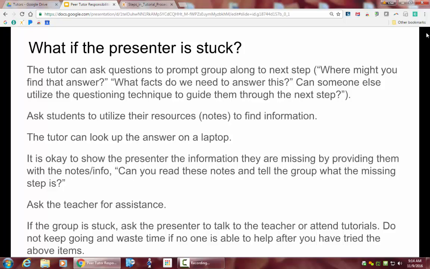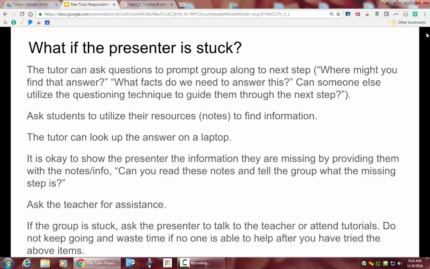You can ask students to utilize their resources to find information. If that's not working, the tutor can always look up the answer on the laptop. And it's okay to show the presenter the information they're missing by providing them with the notes or information and asking, can you read these notes and tell the group what the missing step is?